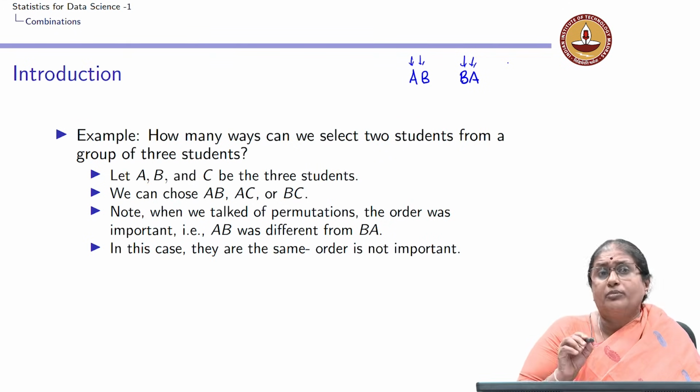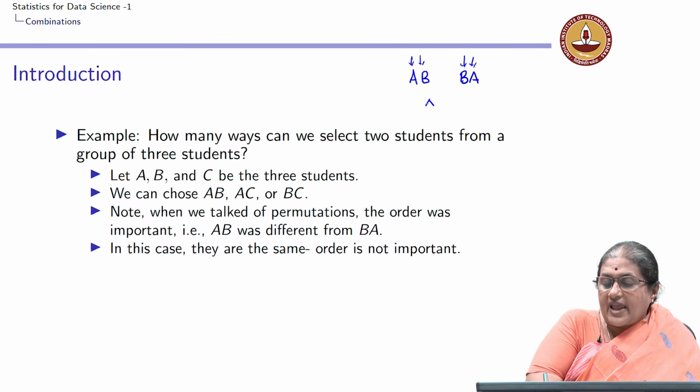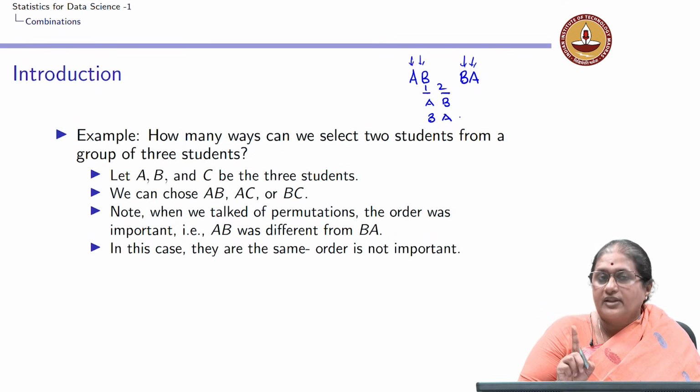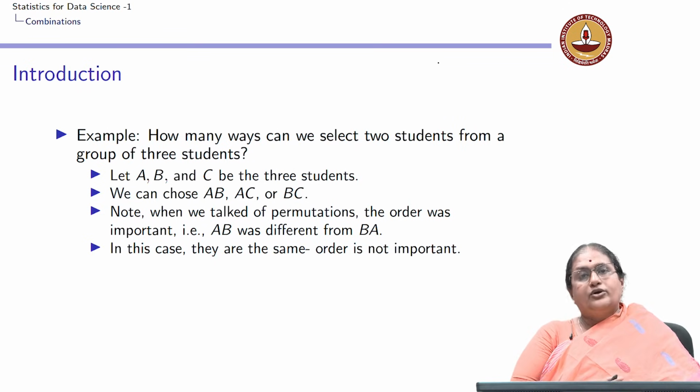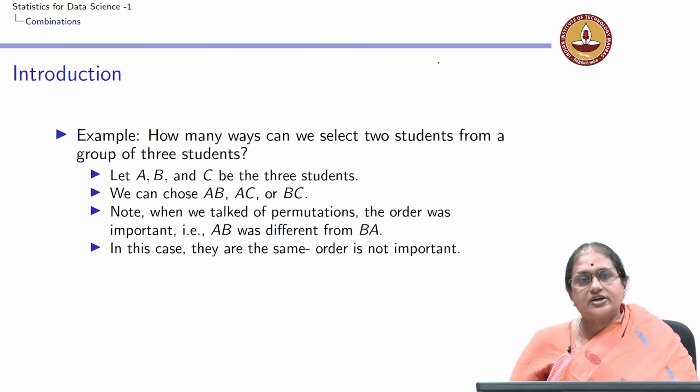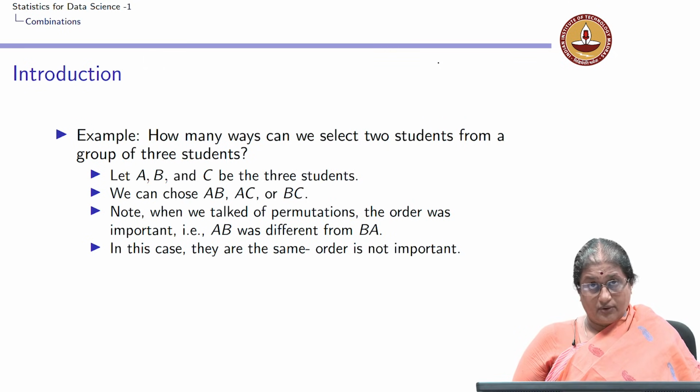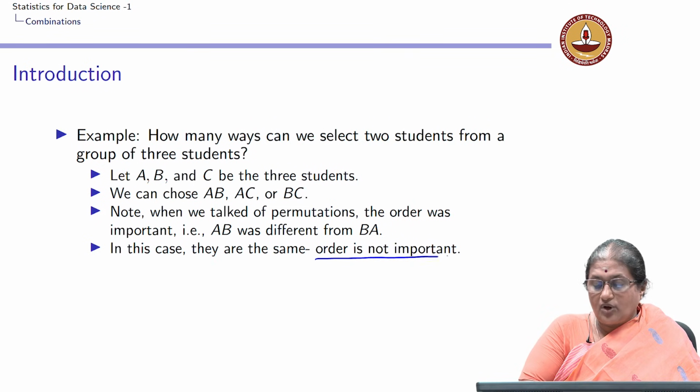But when we talked about permutation, whether A occupied the first block and B the second, or B the first and A the second, there was a difference. So, when I am talking about combination, the order is of no relevance to me. Order is not important. That is something you need to understand.